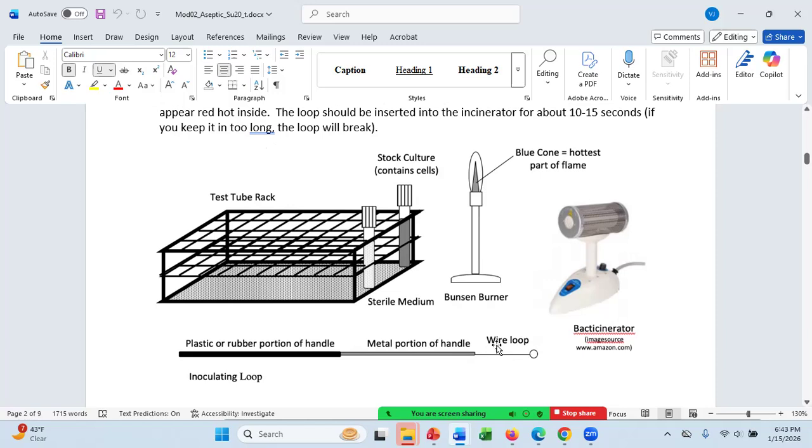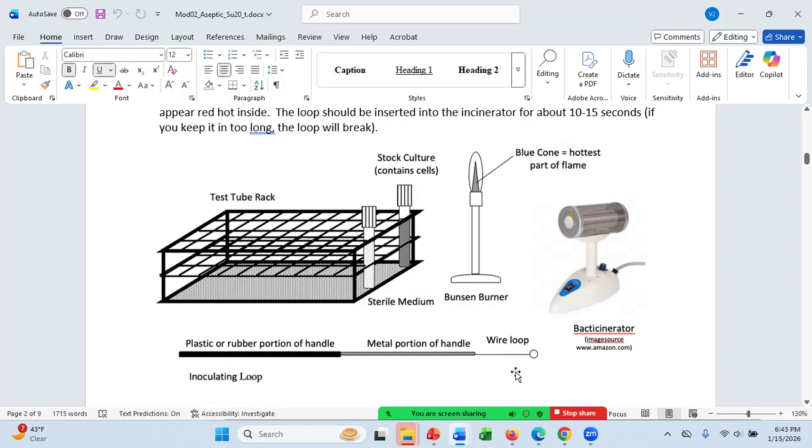You then cool the loop and then pick up your cells from the stock culture by taking off the lid, holding the lid in your hand, holding the tube at an angle, putting the loop, which has been sterilized, into the stock culture, picking up some cells, putting the lid on the stock culture, taking the sterile media in your other hand, holding the tube at an angle, pulling off the lid, and then putting in your loop containing the cells from your stock culture.